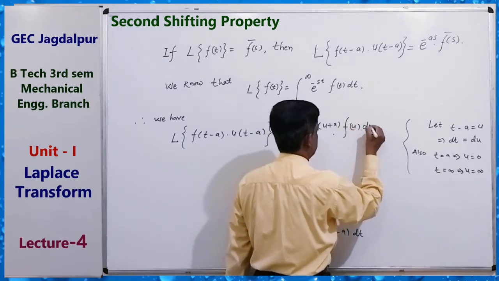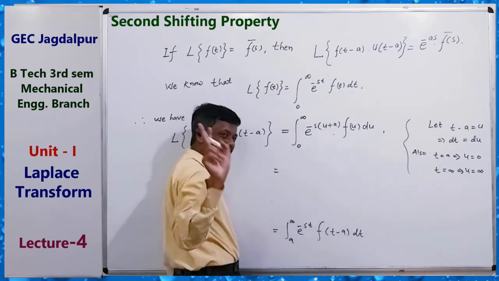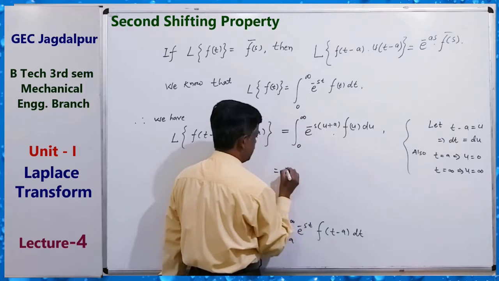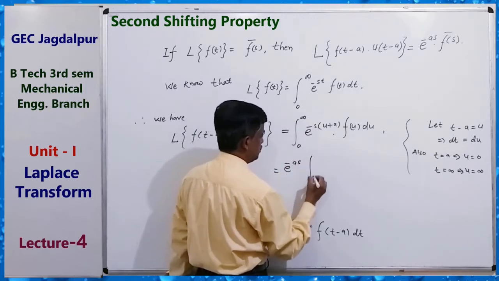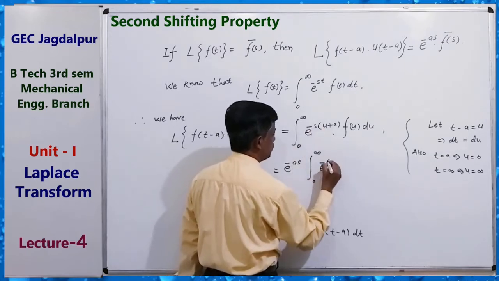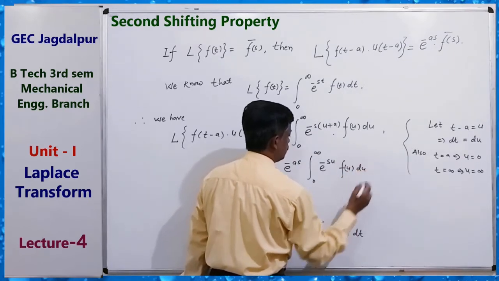f(u) du. Okay, so now here integration is with respect to u, so e to the power minus sa can be taken outside. Now 0 to infinity, e to the power minus su f(u) du.